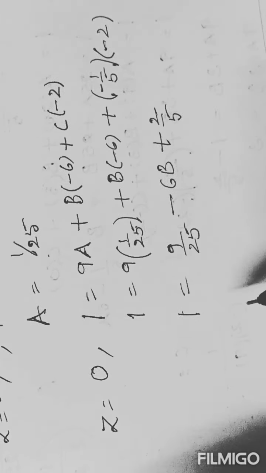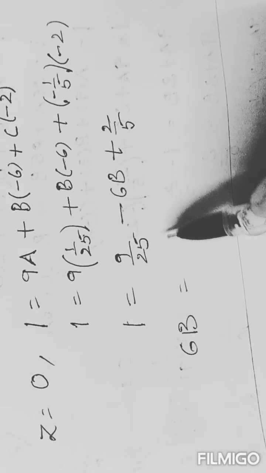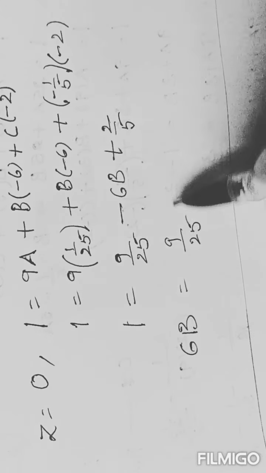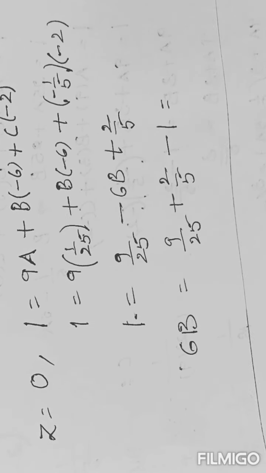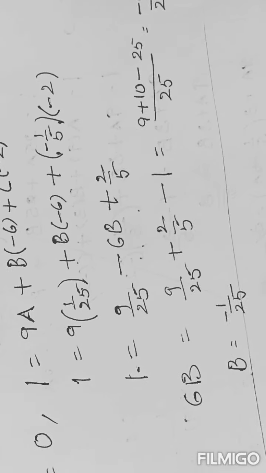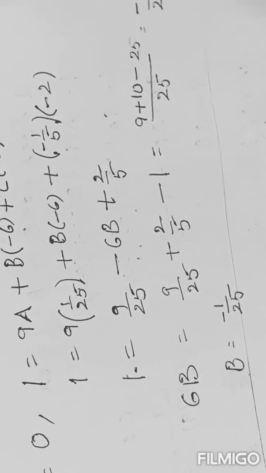So 6B equals 9 by 25 plus 2 by 5. This is minus 1. By simplifying this, the value of B is minus 1 by 25.